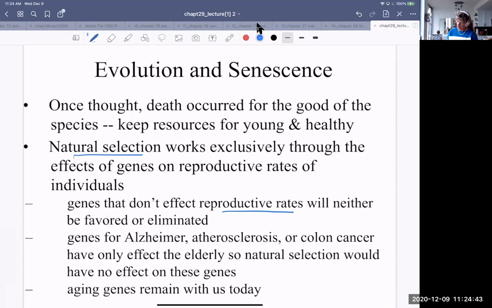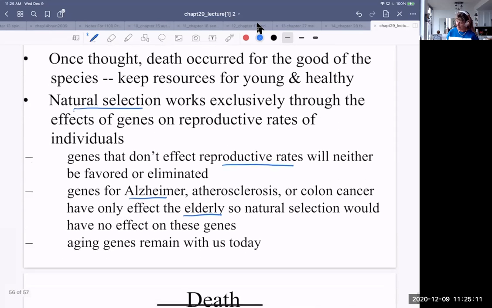So genes that code for things like Alzheimer's, atherosclerosis, colon cancer affect the elderly. So natural selection doesn't have an effect on those genes because those individuals have already reproduced. And once individuals have already reproduced, then there's no selection against disease-causing mechanisms.